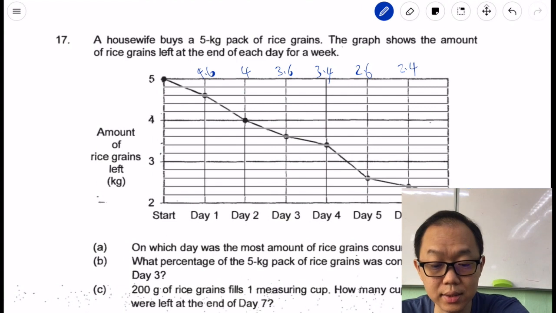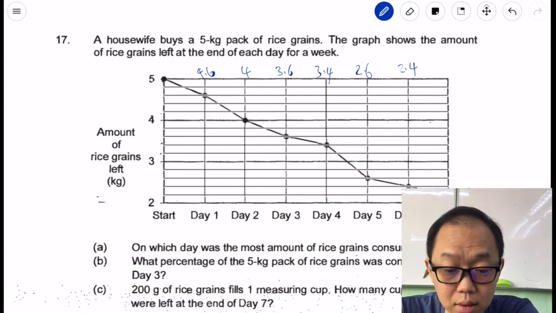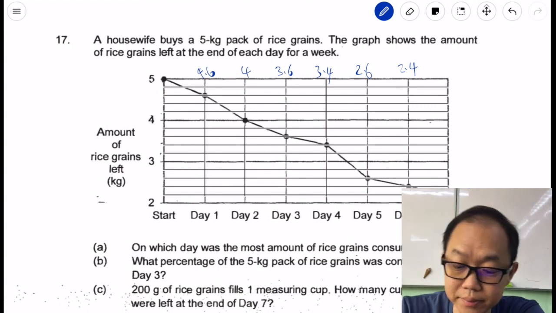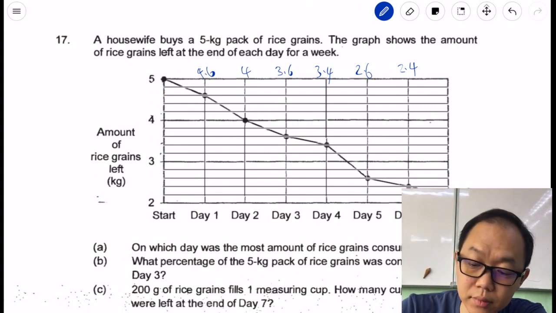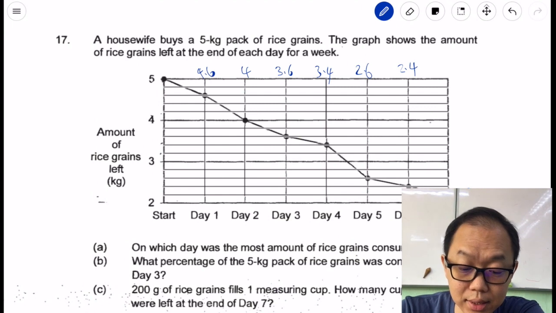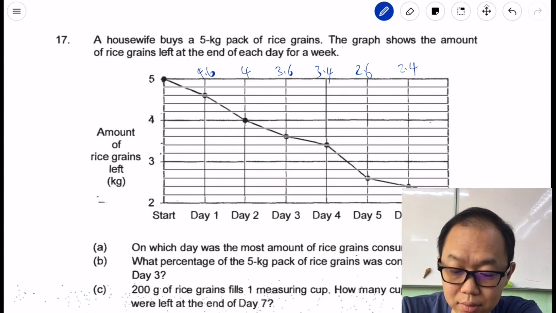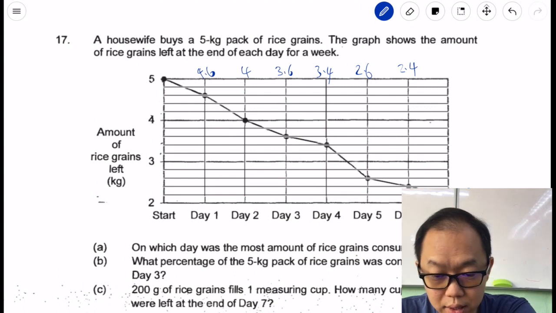Okay, so which day has the biggest gap? So 0.4, 0.6. I think day 1. Okay, the gap is the biggest. Next, what percentage of the 5 kilogram pack of rice grains was consumed by day 3?